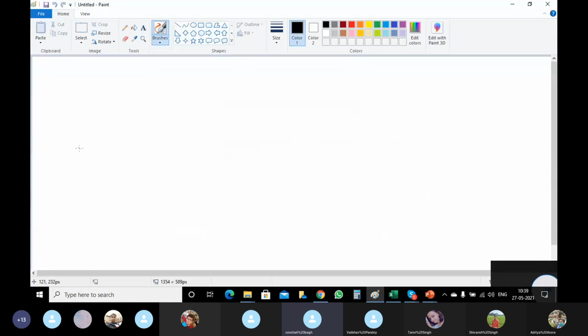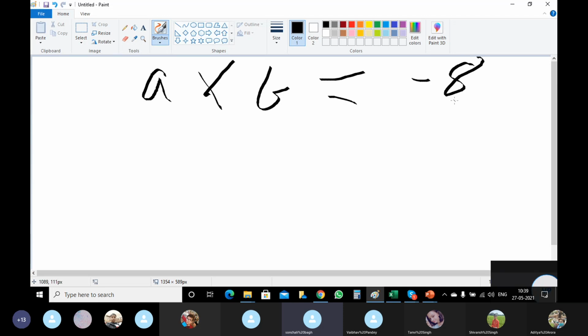The product of 2 rational numbers is minus 8 by 9. Means if I take A as one rational number and B as the other, then the product is minus 8 by 9. Yes or no?